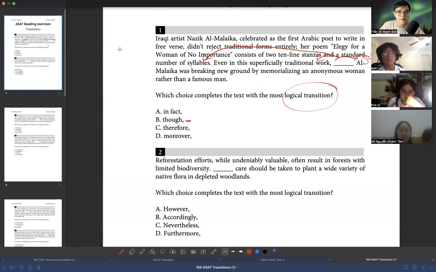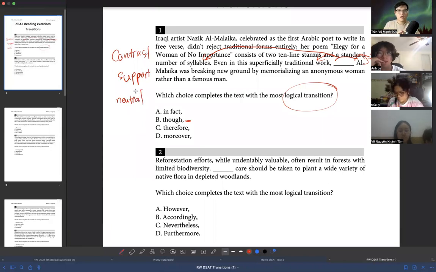So firstly you have contrast, and support, and neutral. Neutral means that you don't add and you don't object to any particular idea, you're just listing, continuing with the flow of the paragraph.